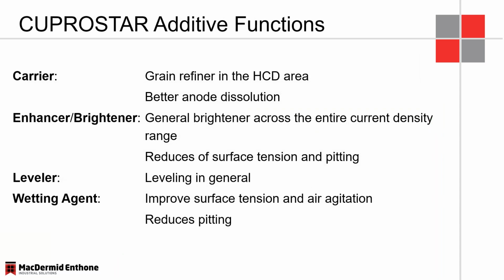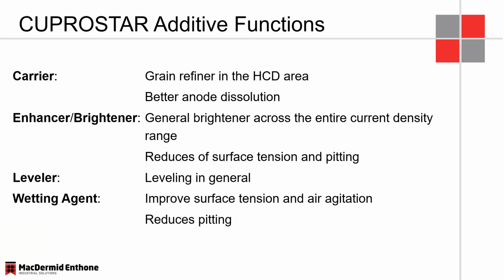The function of these additives, and this is pretty generic. Anybody that runs an acid copper process, I think, would see that these are providing the same benefits as others. Grain refiner, benefit for that carrier component, especially in the high current density area. Also improves the dissolution of my anodes.